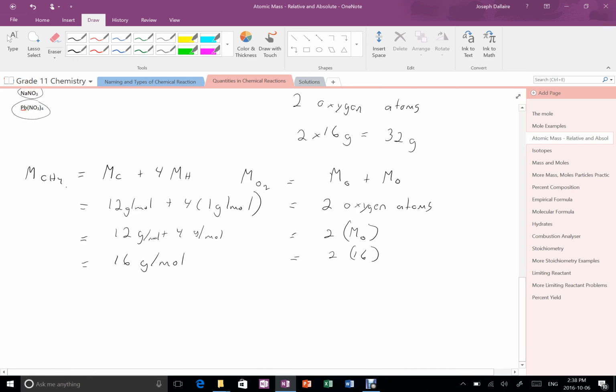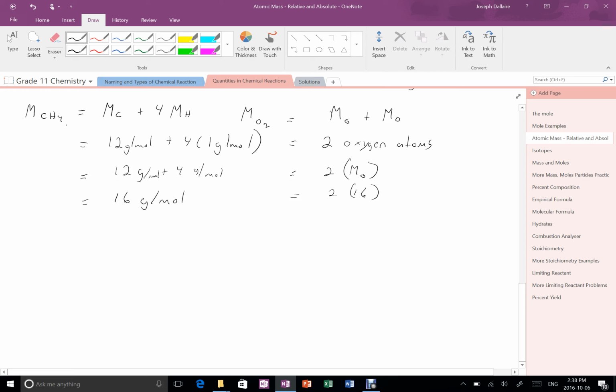So let's deal with sodium nitrate, NaNO3. What would be the mass of 1 mole of that substance? Or the molar mass of NaNO3? I'd have to take the molar mass of Na plus the molar mass of N plus 3 times the molar mass of oxygen, because there's 3.